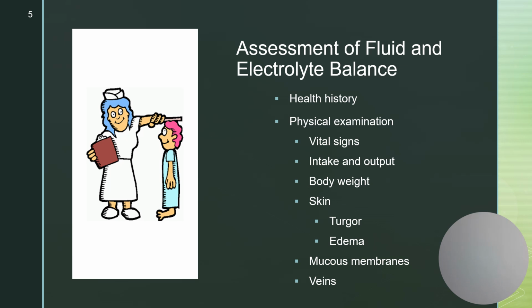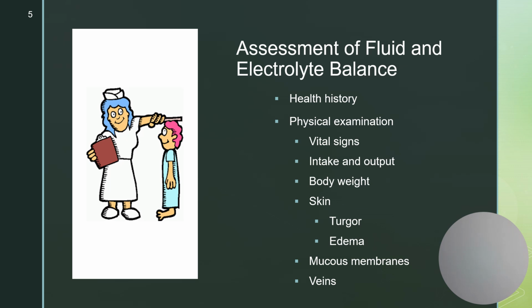With fluid volume deficit, we may also see the face being very pinched looking. It may have a drawn look to it. Eyes might be sunken, especially in your pediatric populations. The skin turgor will be tented, and understand in the older adult, it will probably be slower to return to normal anyway.